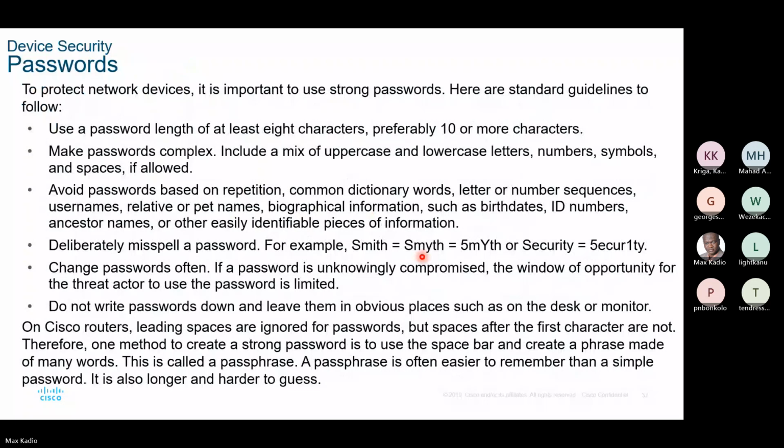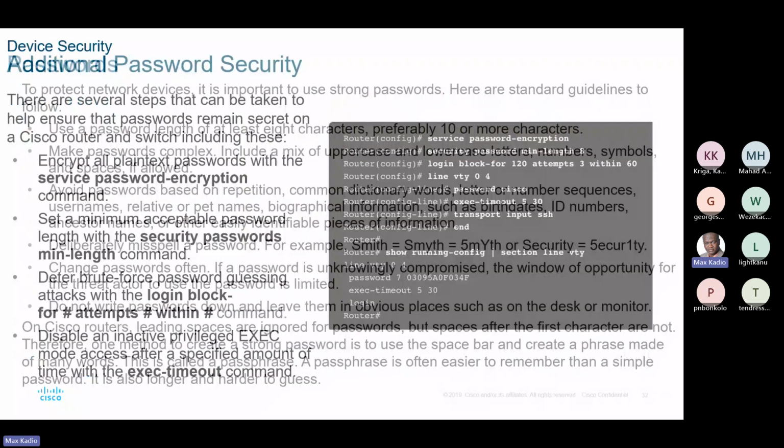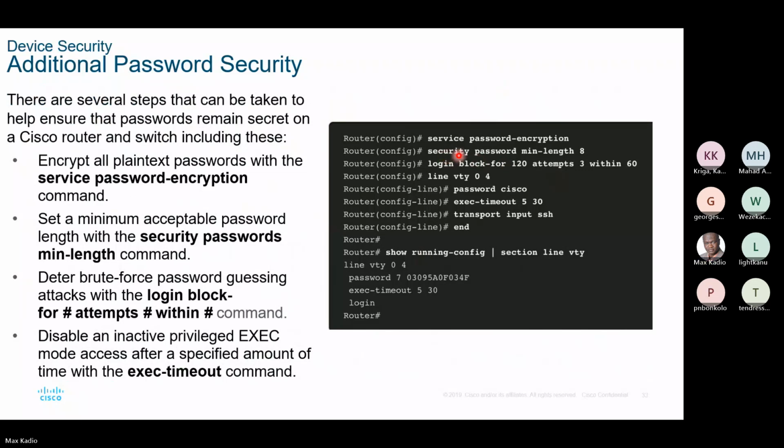Passwords: you must make them very strong and very, very long, like what we did on Saturday. Security passwords, minimum length 8. You can also block logins for 120 seconds if someone attempts three times in 1 minute. So if the password is wrong 3 times in 1 minute, then the system will block you for 120 seconds.